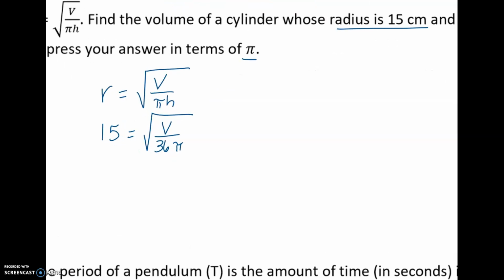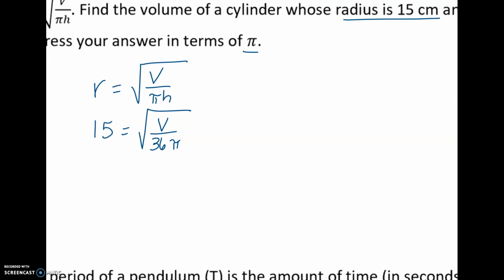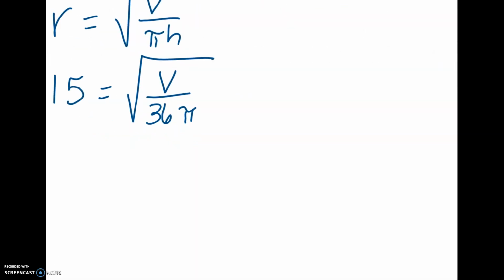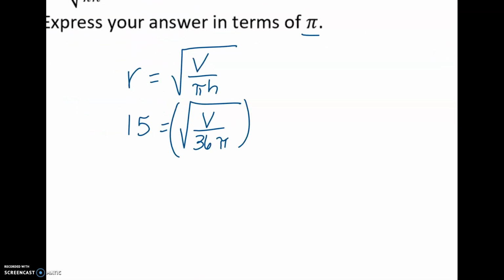Okay, we want to solve in terms of v, because it says find the volume. So we're going to square the right side to undo the radical, and we're going to square the left side. 15 squared is 225 equals v over 36 times pi.